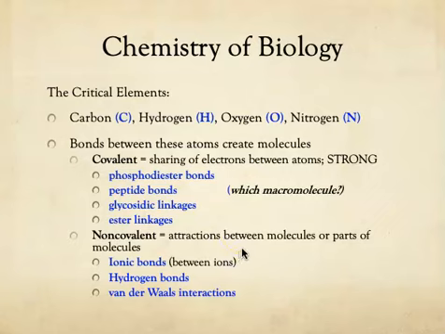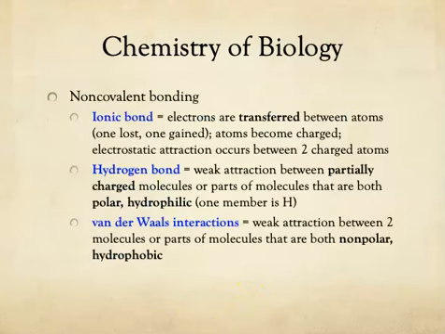The non-covalent bonds or attractions that are biologically relevant include ionic bonds, and remember those are the bonds that form between ions, hydrogen bonds, and what are called van der Waals interactions. Let's take a minute now and talk about the features of these non-covalent types of bonds.